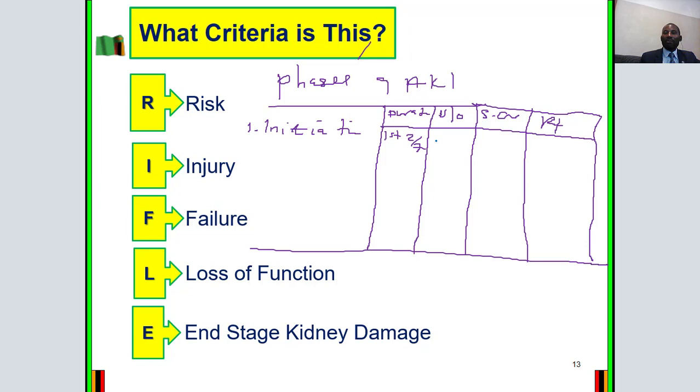So the urine output there is normal, and the serum creatinine is normal, and there's no need of treatment. What you do there is you observe. The second phase is called oliguric. It is also known as the maintenance phase.